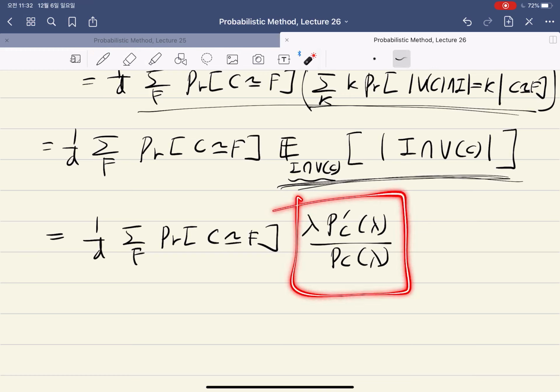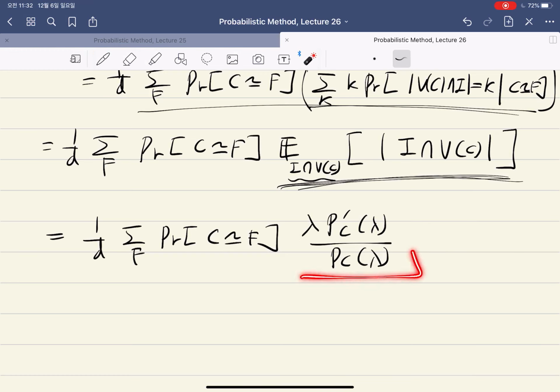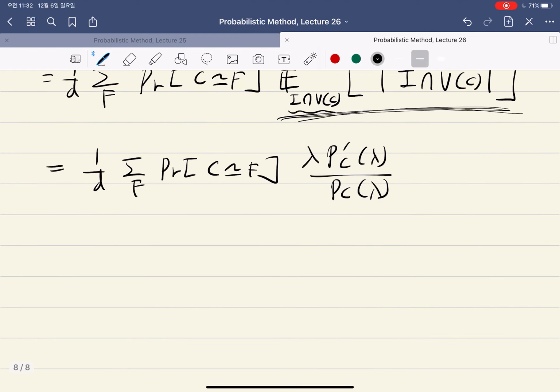So this is same as this expression, which is the average size of the independent set chosen from the hardcore model on C. So technically, I mean, it's better to write F here because we just condition on C being F. Yep.